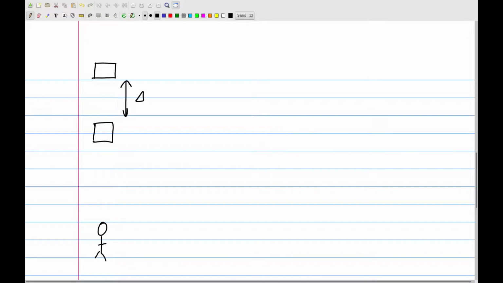Let's call that delta L, the difference in distance that the sound has to travel. This is the sound 1, so that's L1, and this distance is the sound 2, so that's L2. The difference in distance between them would be delta L. If we change the distance between those two speakers, we can actually change what this person hears.